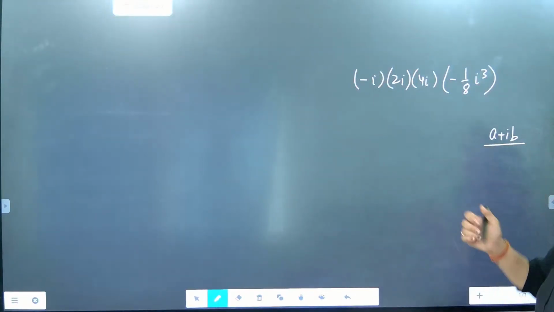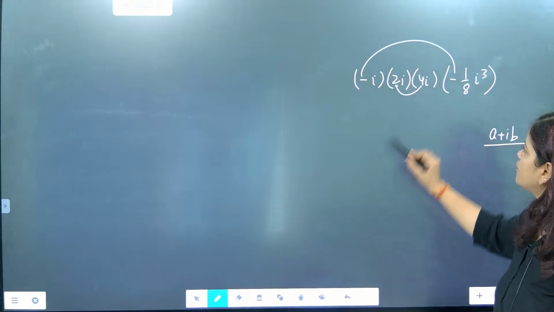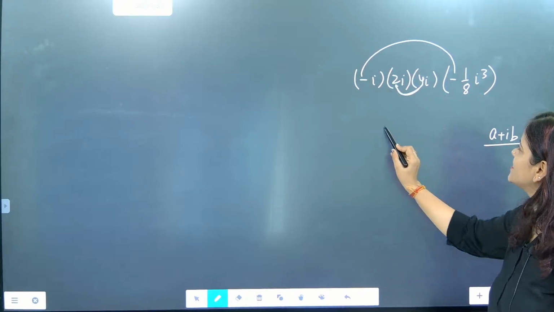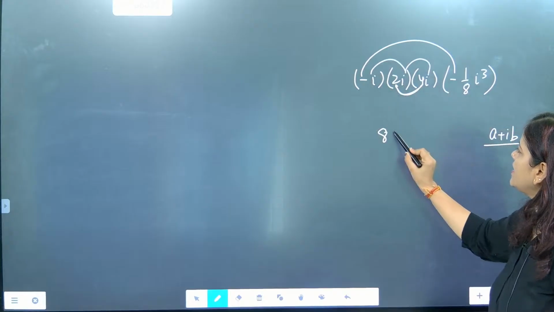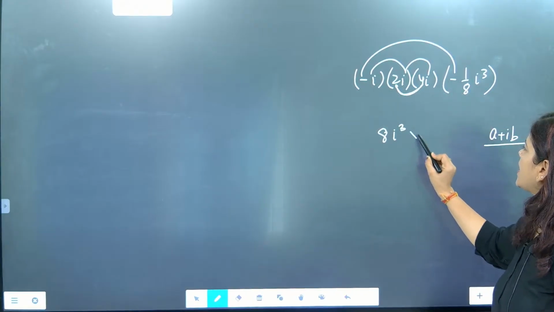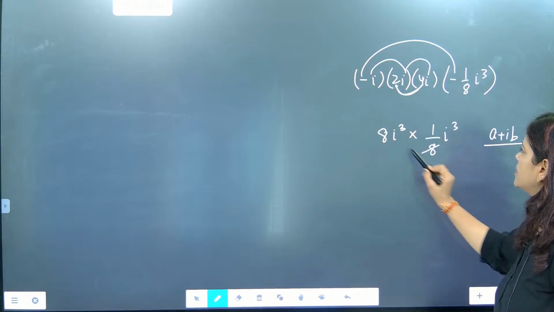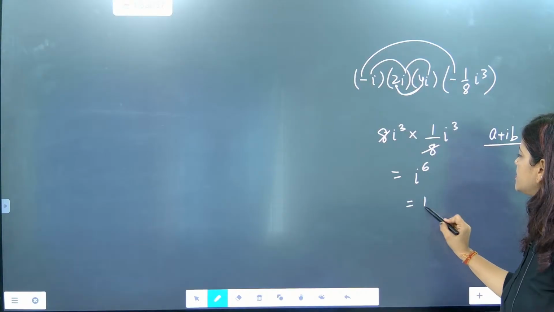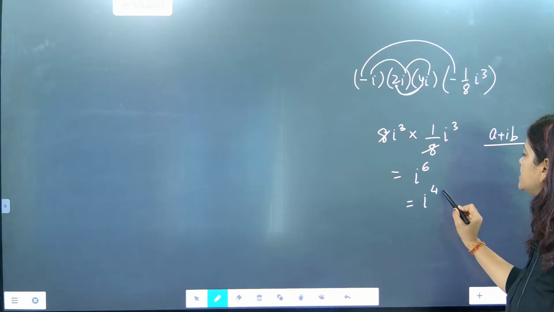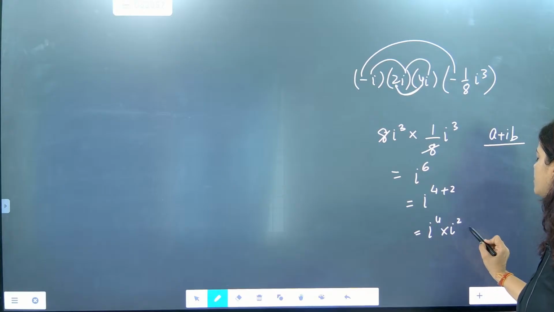Let's see. Little bit. Minus into minus will become plus. 2 fours are 8. Here you just check this one out. i will become i cube. And here minus and minus we have cancelled. 1 by 8 i cube. This cancels. i cube means i to the power 6. i to the power 6 can be written as 4 plus 2, that is i to the power 4 into i to the power 2.